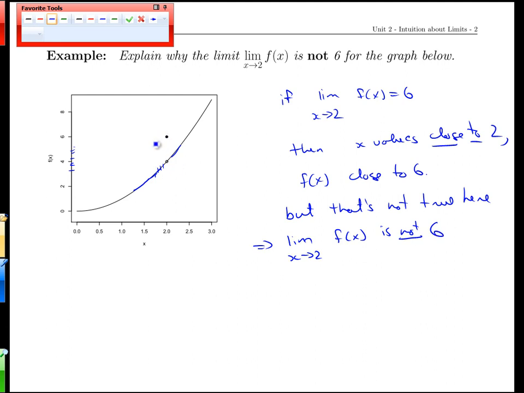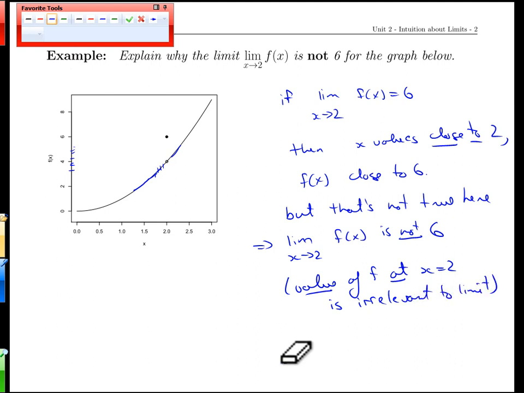And again, this goes back to our idea that the actual value of f at the exact point x equals 2 is irrelevant to the limit calculation. In fact, going back to our earlier intuition, what is the limiting value? It's not where we are in the function, but where the function is trending towards, or where the function would end up if we could continue it as a seamless graph.